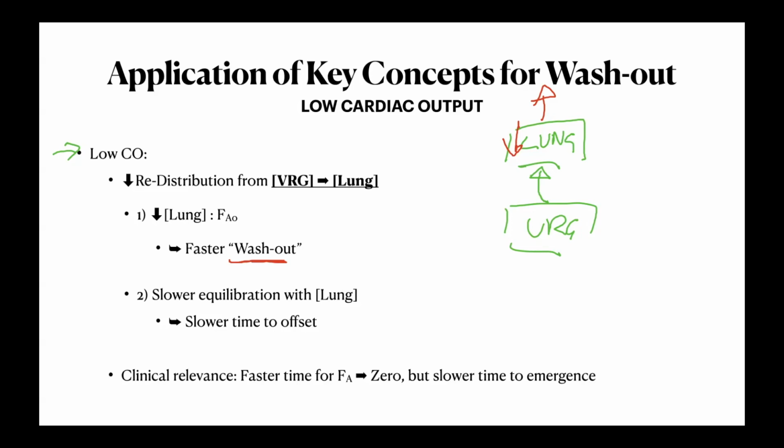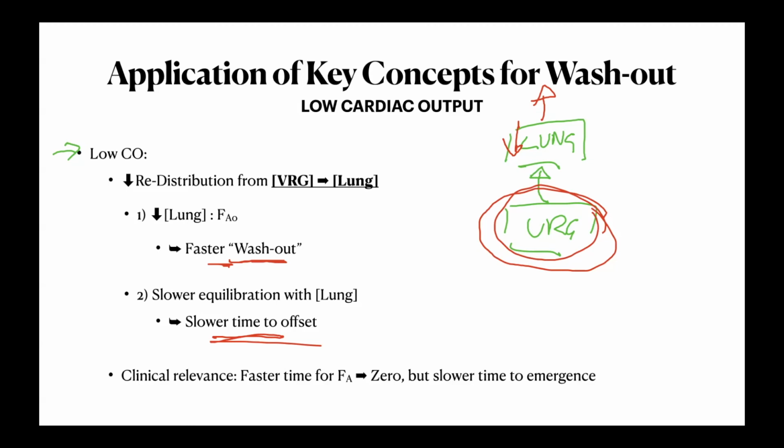But remember what I said, even though you've got a faster washout, you might actually have a slower time to offset, because most of that drug, because of that low cardiac output, is still within the vessel-rich group. So this vessel-rich group is still at a higher concentration, even though your alveolar pressure is lower, okay?